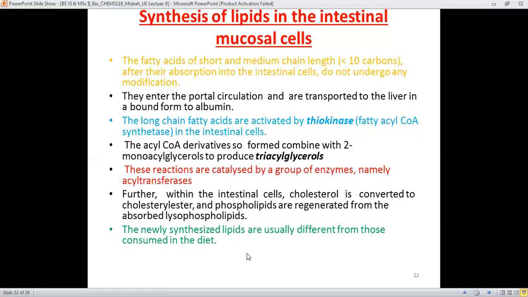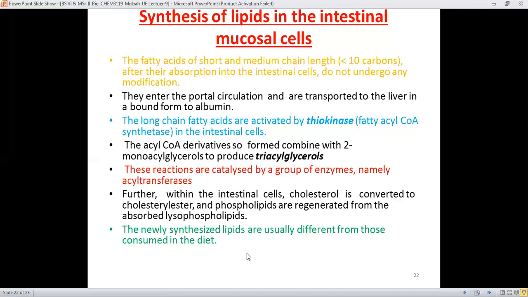And therefore, inside the intestinal mucosal cells, there is conversion of the cholesterol to the cholesterol ester, like back synthesis of the cholesterol ester during the absorption. When absorption occurs in the intestinal mucosal cell, the cholesterol is converted back to the cholesterol ester, and the phospholipids are regenerated from the absorbed lysophospholipid.